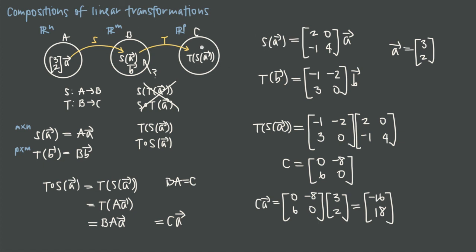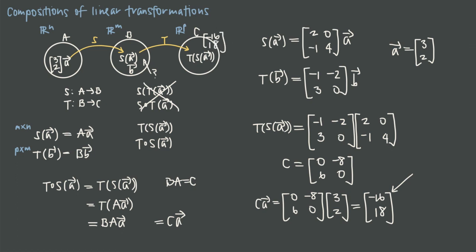We're going all the way to C over here because we were able to combine the two transformations. So we start with (3, 2), after the transformation by S to get us into B, and then after the transformation by T to get us into C, the resulting vector here is (-16, 18).